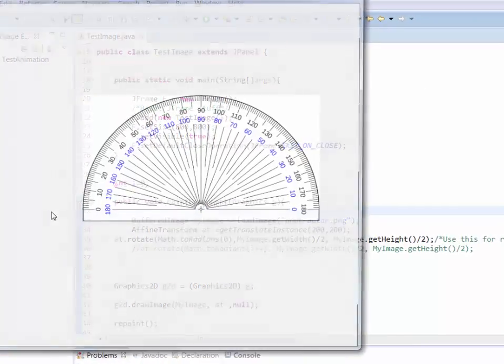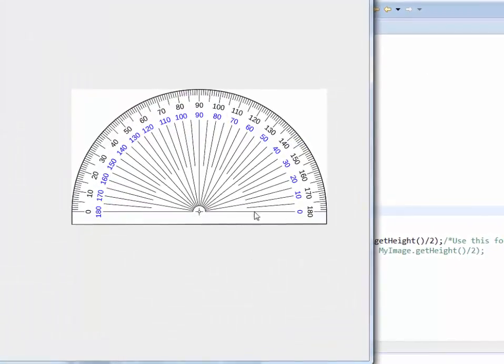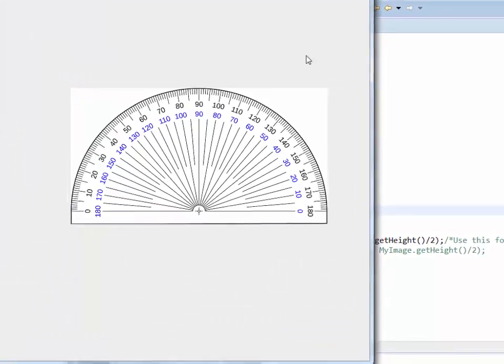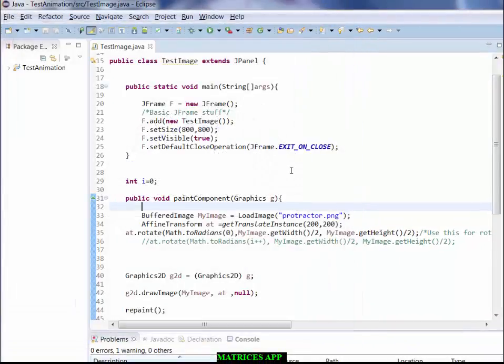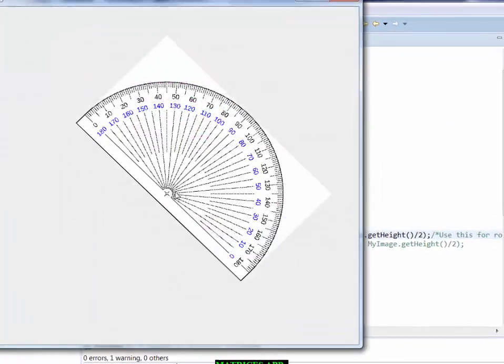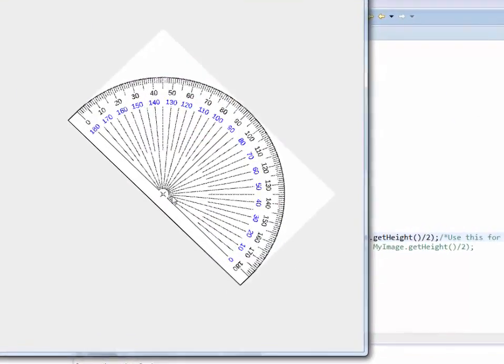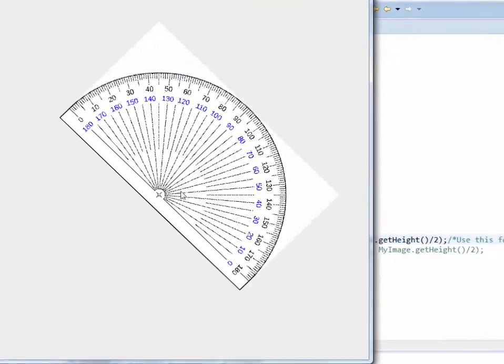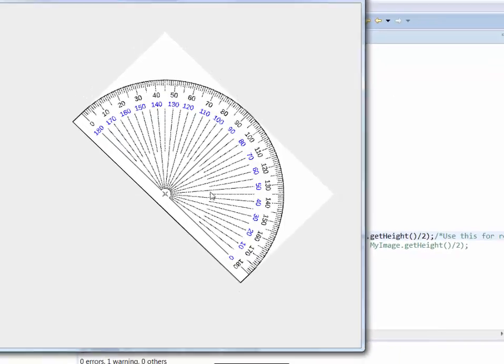Now we shall see how the program executes for various angles I give as input. This is for 0 degrees, and I change it to 45 degrees, and here is how it looks. It is rotated 45 degrees from the actual picture.